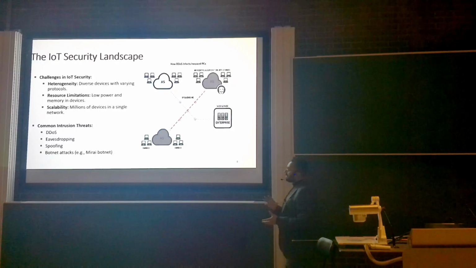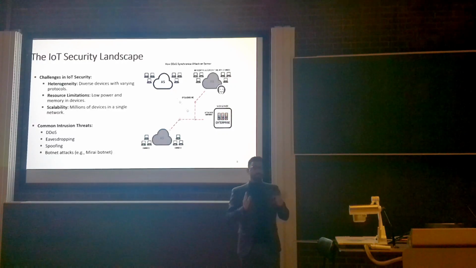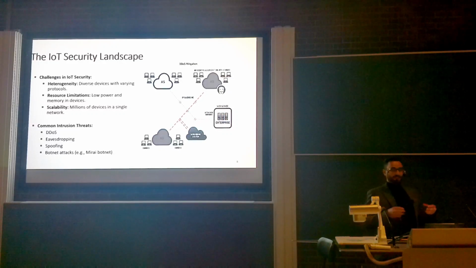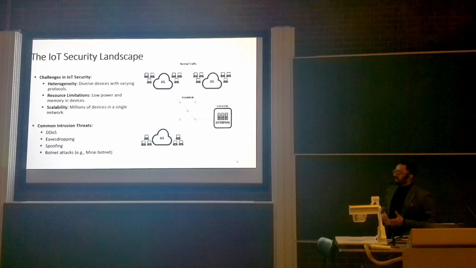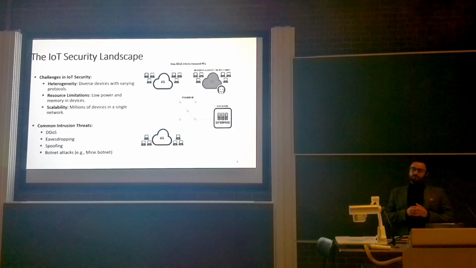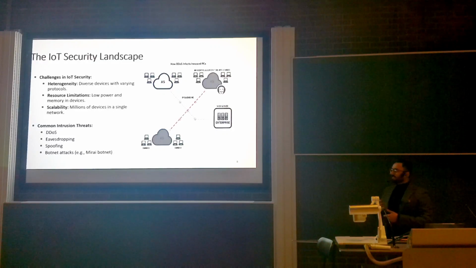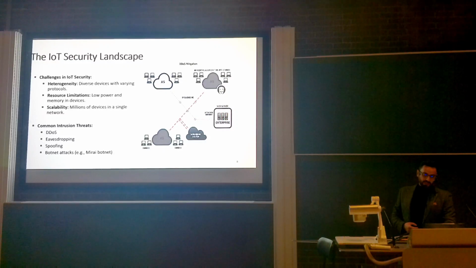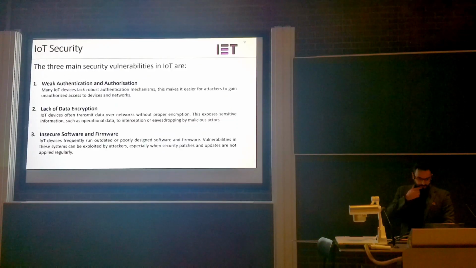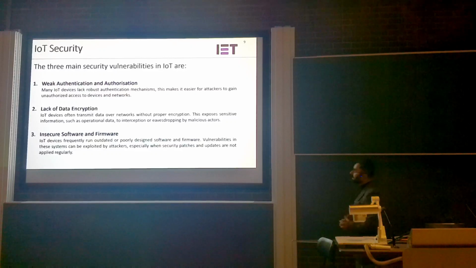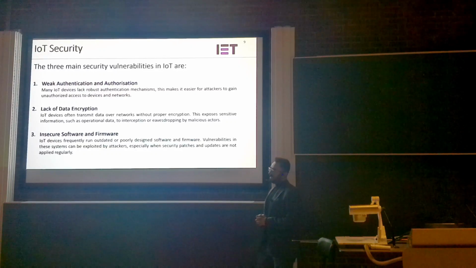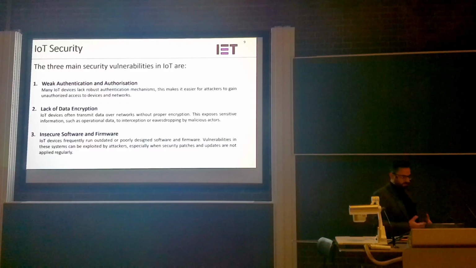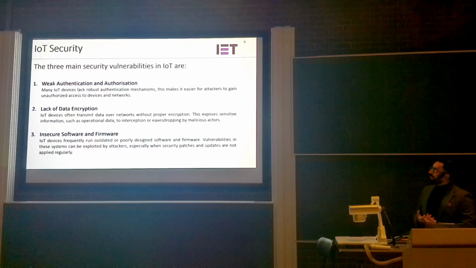More or less they work in a similar way, where they try to find a vulnerability in a specific device, and then use that to access the device and manipulate either the data that's generated or the data that is received by those devices. And the three main security vulnerabilities here, first, is basically authentication and authorization for the network.